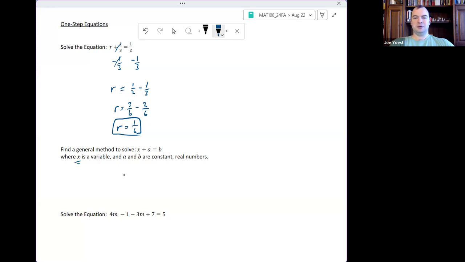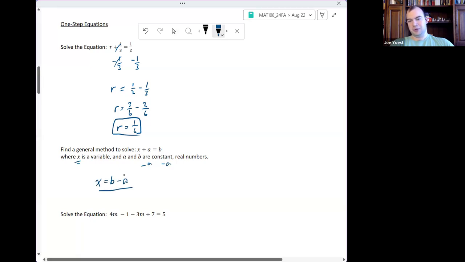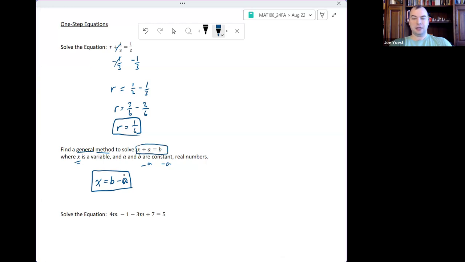Well, x plus a equals b, I solve that by subtracting a from both sides, and I get x equals b minus a. So we have now a general method to solve this one-step equation.